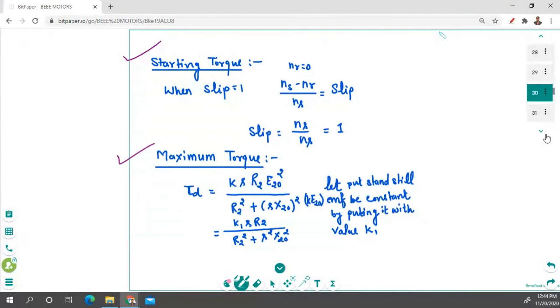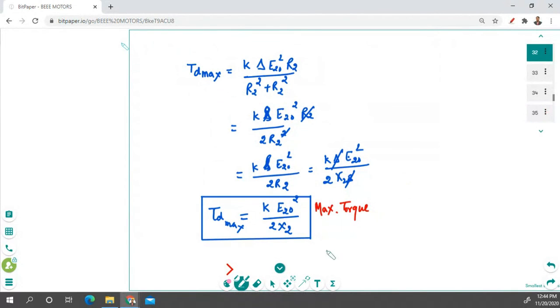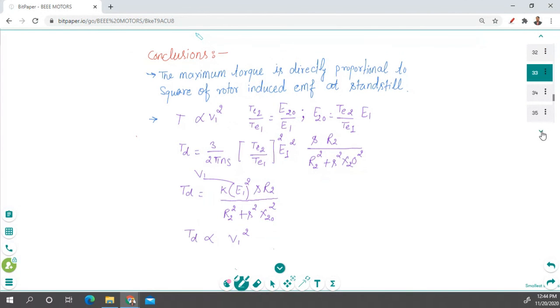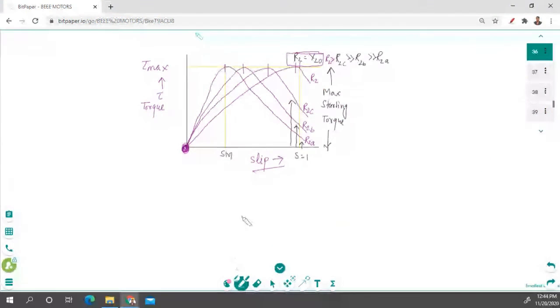This is the condition for starting torque: slip equal to 1. Then the rotor is in the zero position. For maximum torque, these values will be put into the equation, and this is the maximum torque value. We have drawn the characteristics.